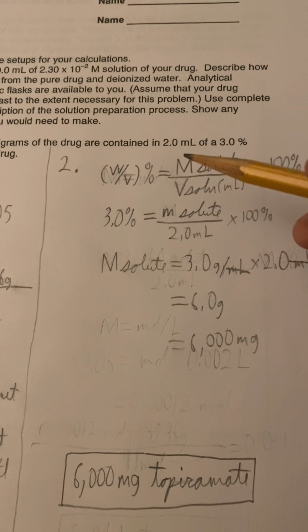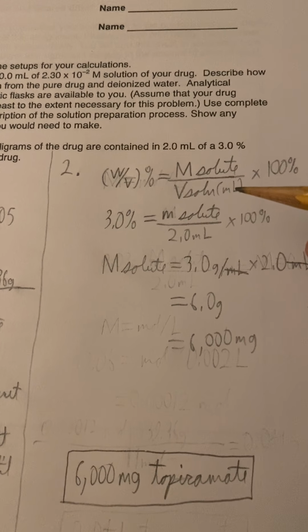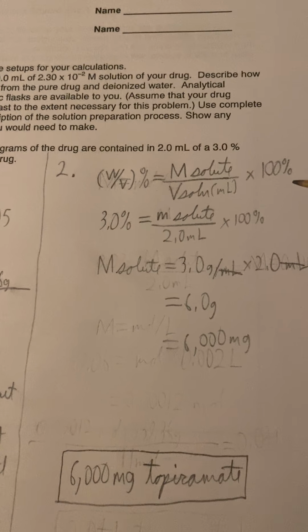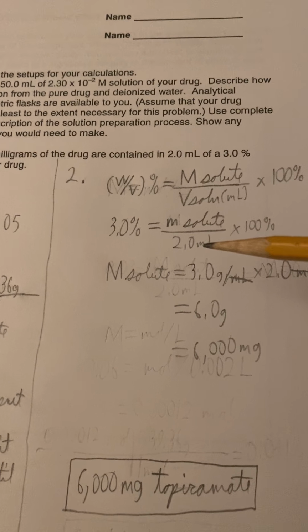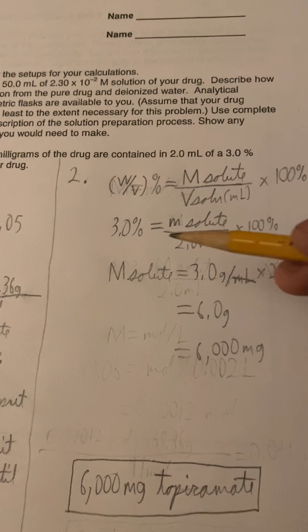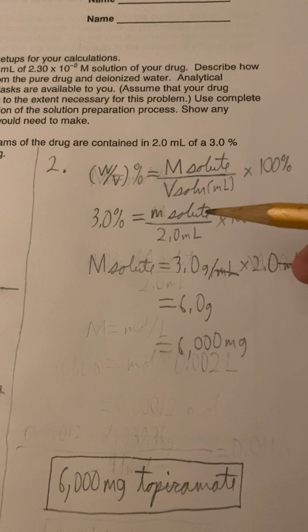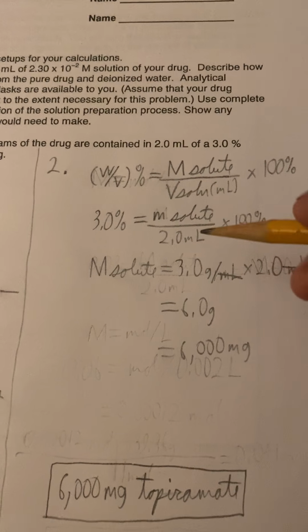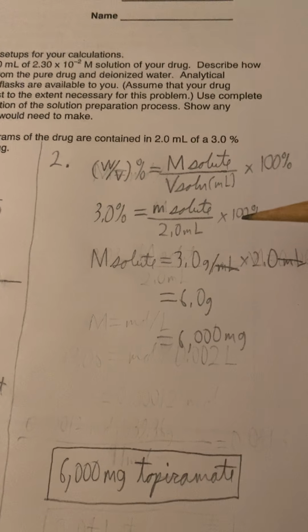W/V% equals the mass of the solute over the volume of the solution in milliliters times 100%. Since we already have the percent and the volume, we would plug that in. So 3.0% equals mass of the solute divided by 2.0 milliliters times 100%.